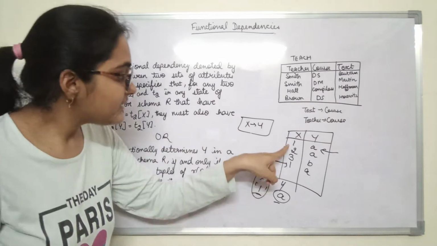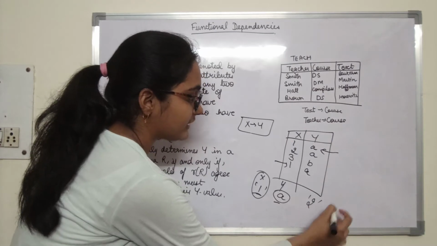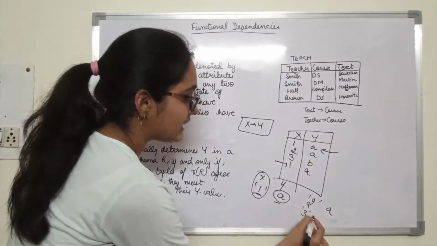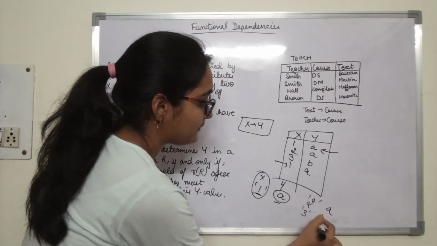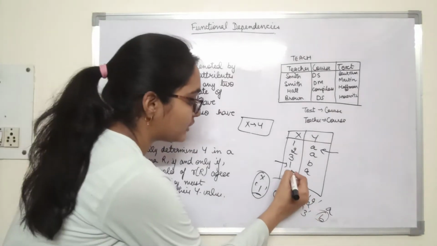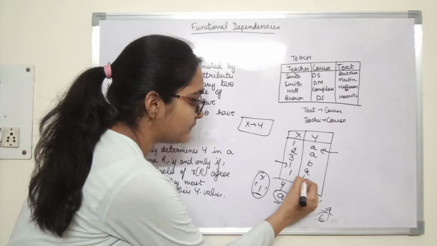Also you can see that given the value of X as 2, we can uniquely find out the value of Y as a. Given the value of X as 3, we can uniquely say that the value of Y is b. But if this is not the case, let us say we have one more tuple whose X value is 1 and Y value is b.